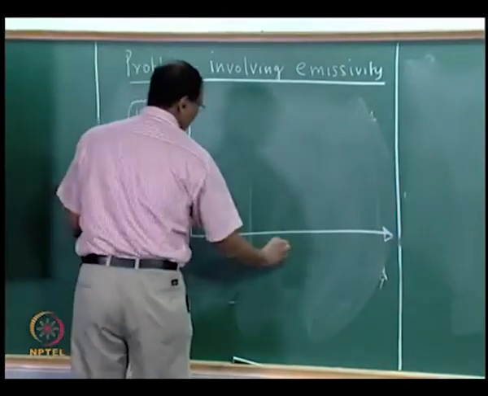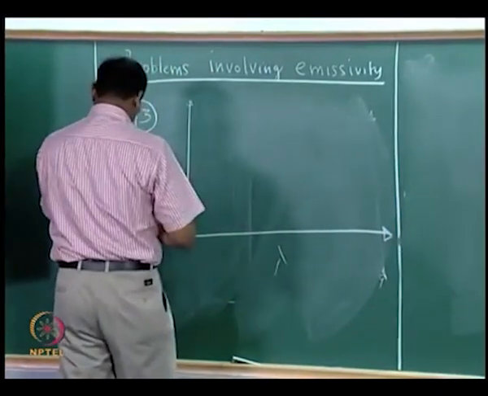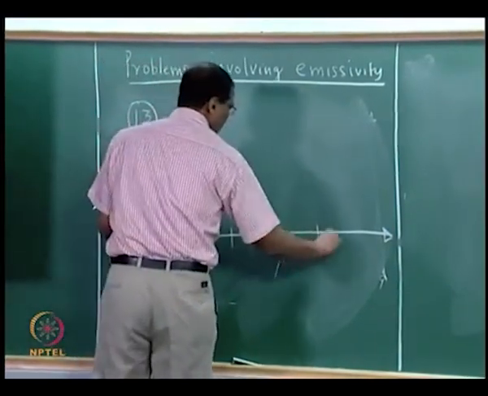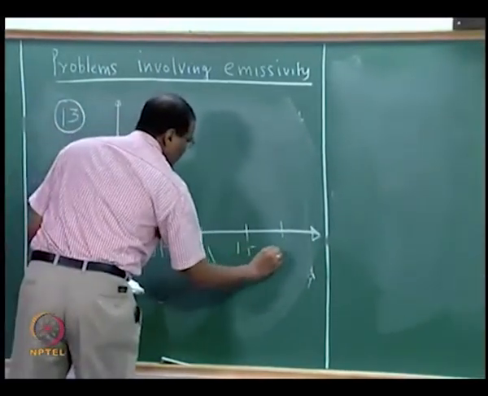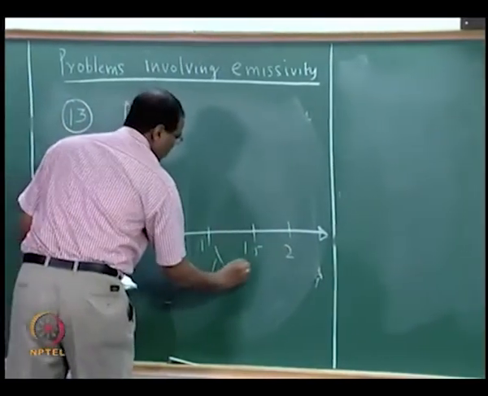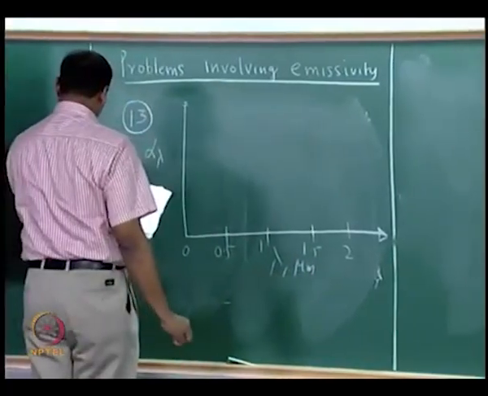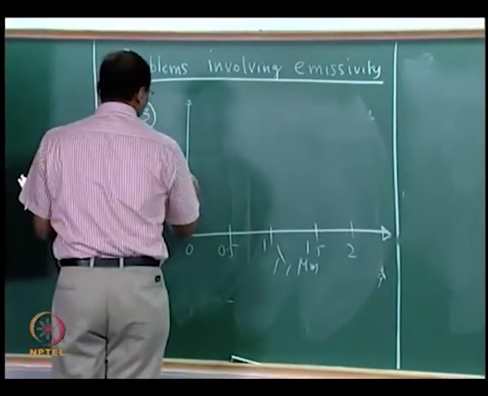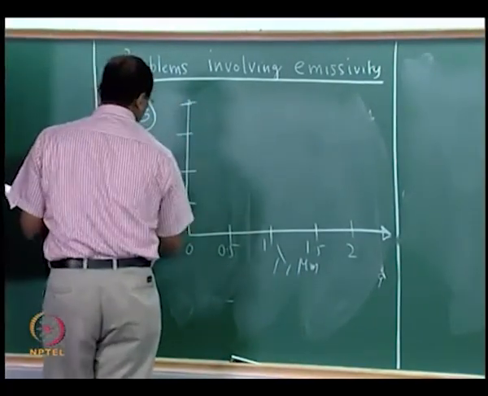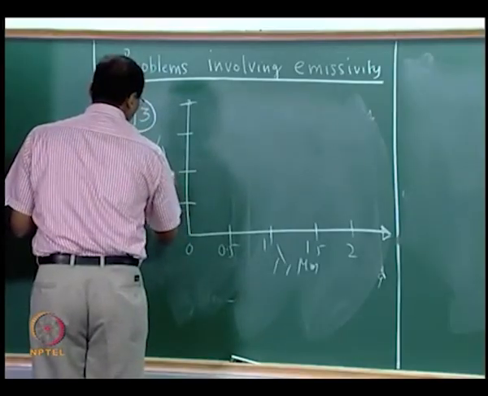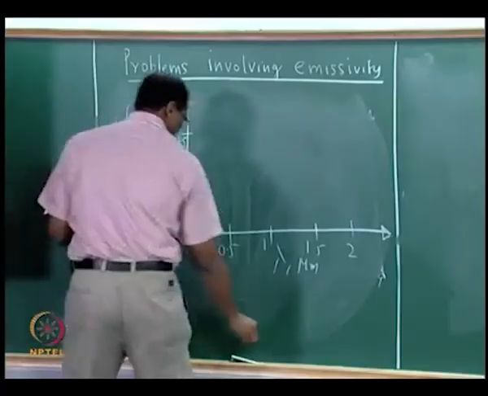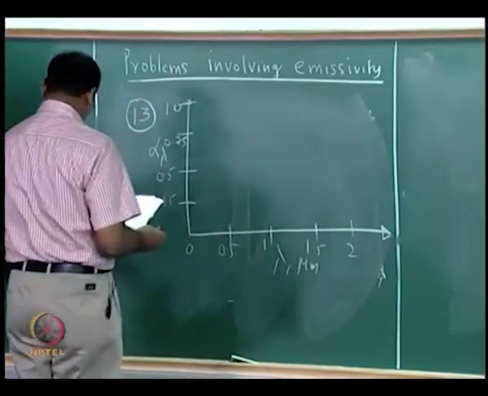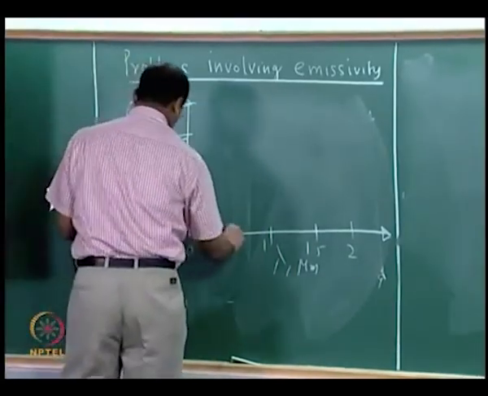Alpha lambda versus lambda, lambda in micrometer, 0.25, 0.5, 0.75, 1.